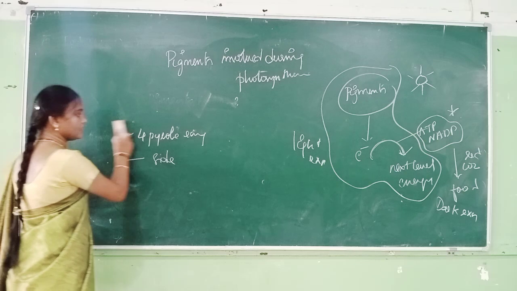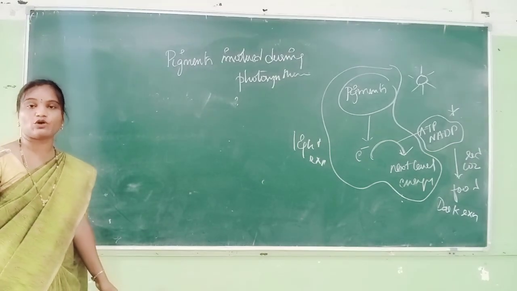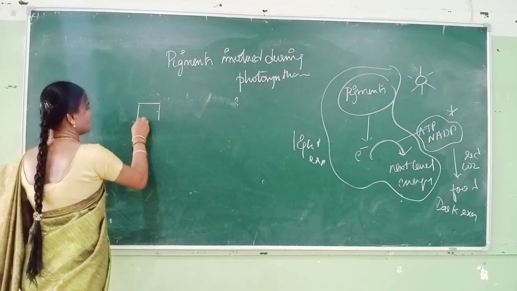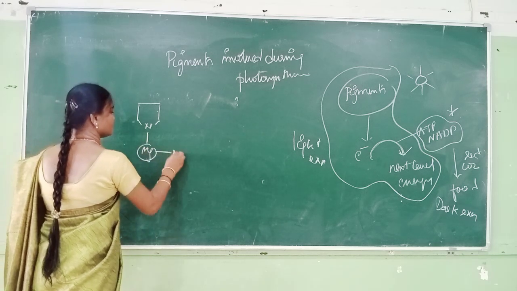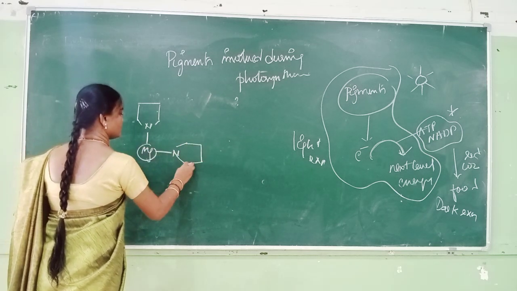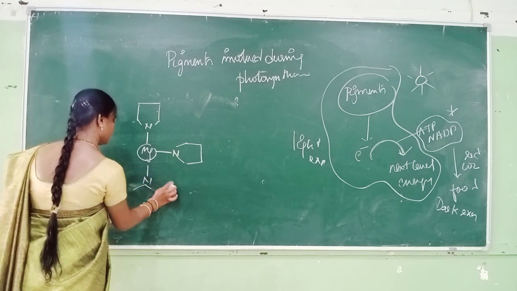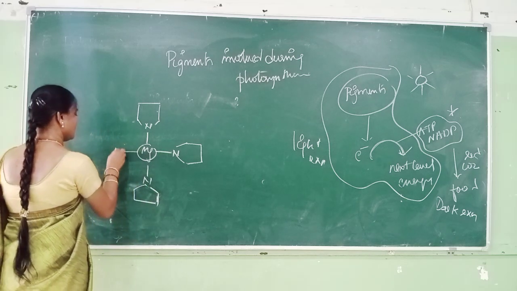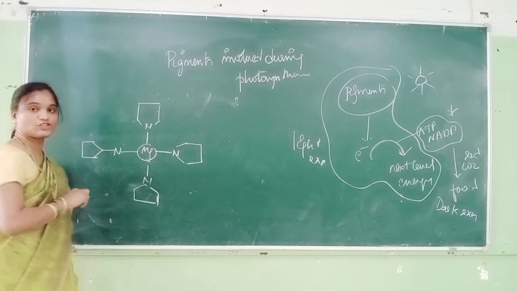As I said earlier, there are 4 pyrrole rings. This is something like a rough structure of your chlorophyll. The central metal ion is always magnesium in chlorophyll.